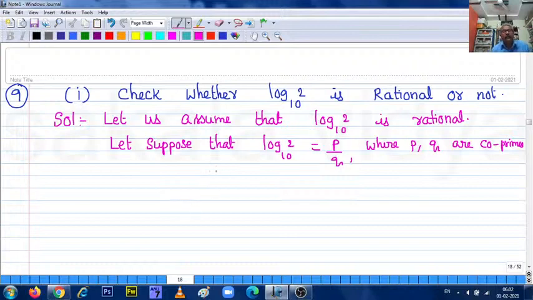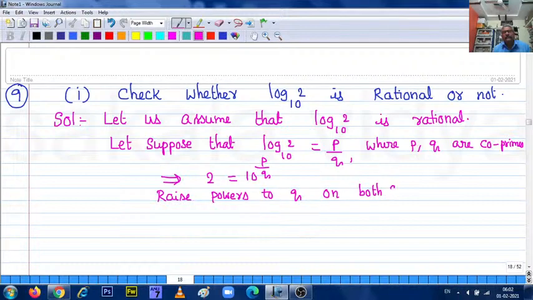So this is the logarithmic form. You need to write the exponential form. So we can write 2 is equal to 10 to the power of P upon Q. Raise powers to Q on both sides. So what do you get now? 2 to the power of Q equal to 10 to the power of P by Q, all to the power of Q. This Q gets cancelled. We have 2 to the power of Q equals 10 to the power of P.